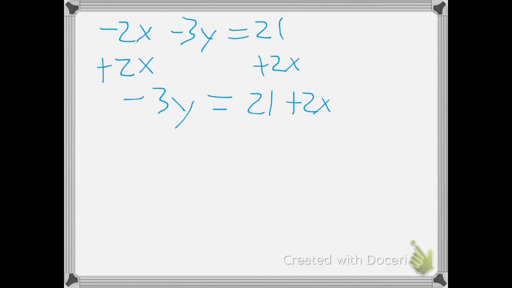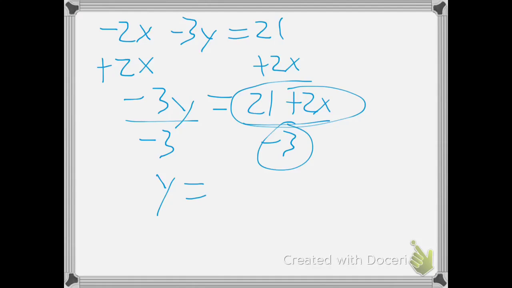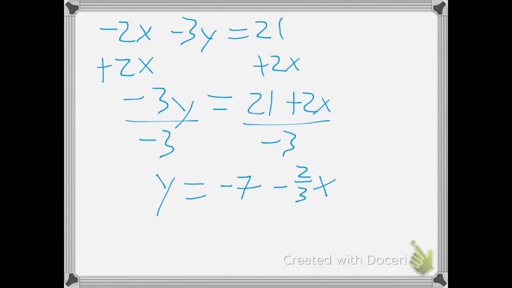We got to get rid of this negative 3 in front of y, so divide both sides by negative 3. You get y equals, remember, when you got multiple things on top and only one thing on bottom, it's the top items, each one of them, divided by this bottom item, okay? So 21 divided by negative 3 gets you negative 7. 2x divided by negative 3 gives you negative 2/3 x, okay?